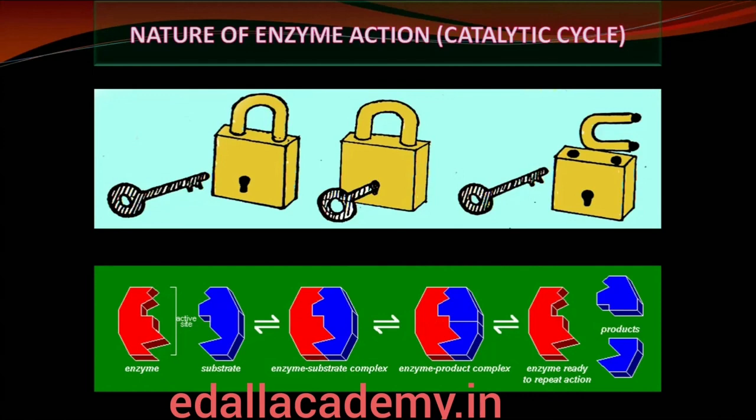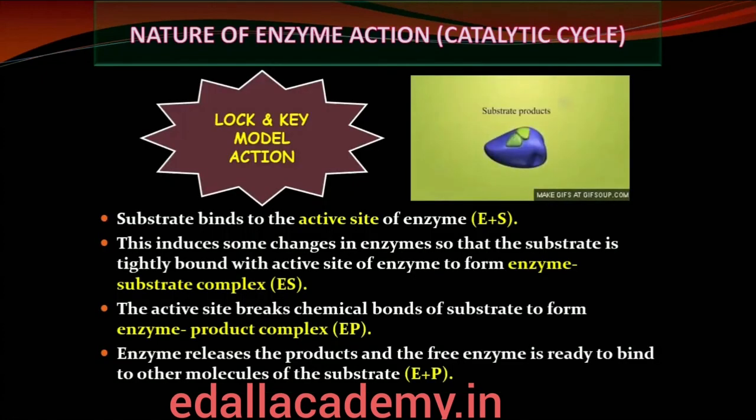Then the enzyme releases the products of the reaction and the free enzyme is ready to bind to another molecule of the substrate and run through the catalytic cycle once again. These are the steps given. How do the enzymes carry out the functional activities? That means the nature of enzyme action is given very clearly, you try to understand.